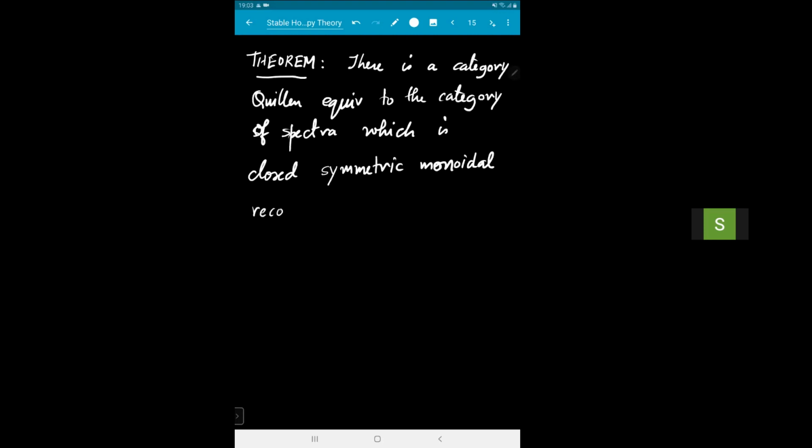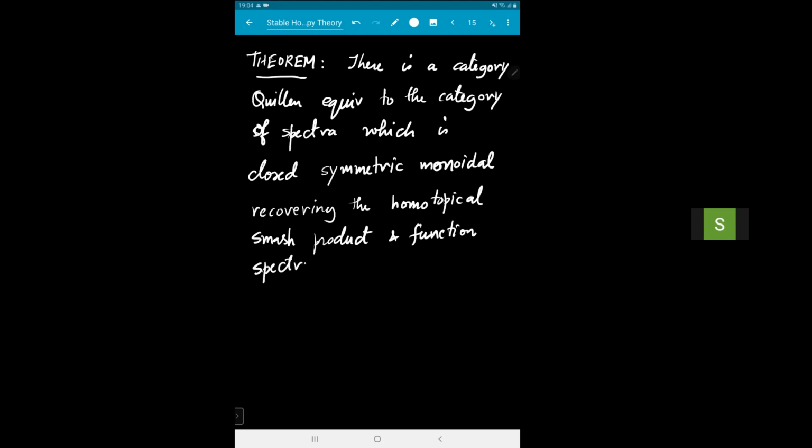Recovering the homotopical smash product and the function spectrum described here.